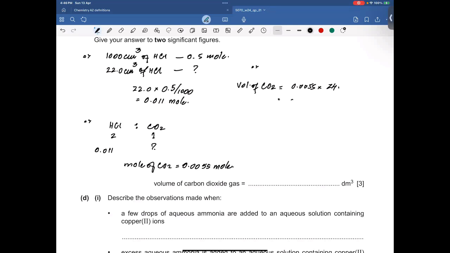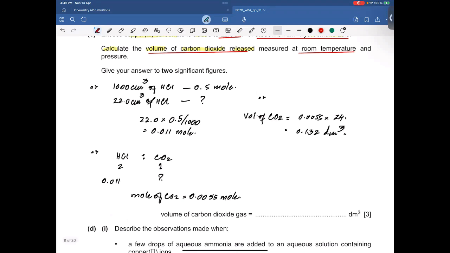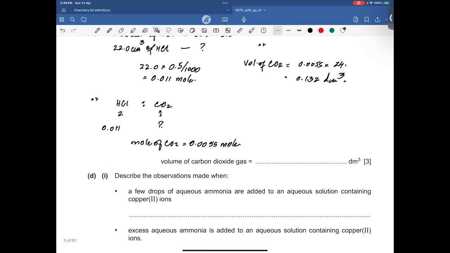So it's going to be 0.132 dm cube. All right. The examiner is looking for the answer in two significant figures, which means I'm going to write 0.13 dm cube.